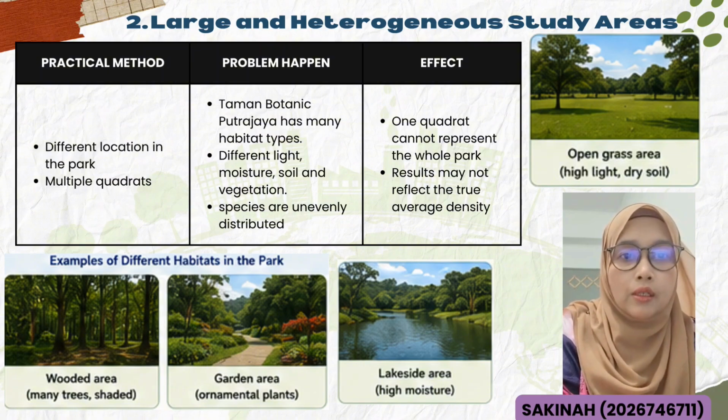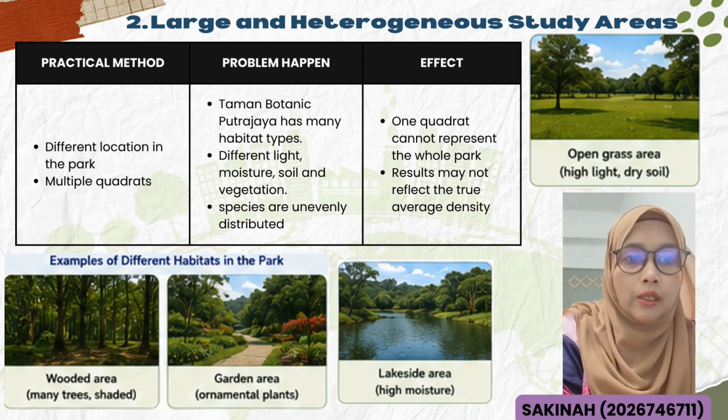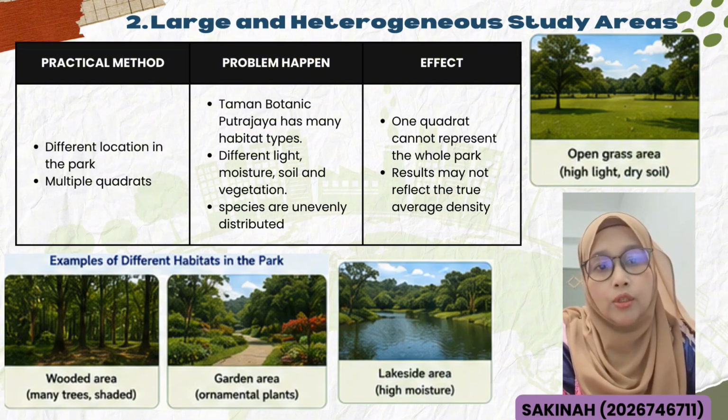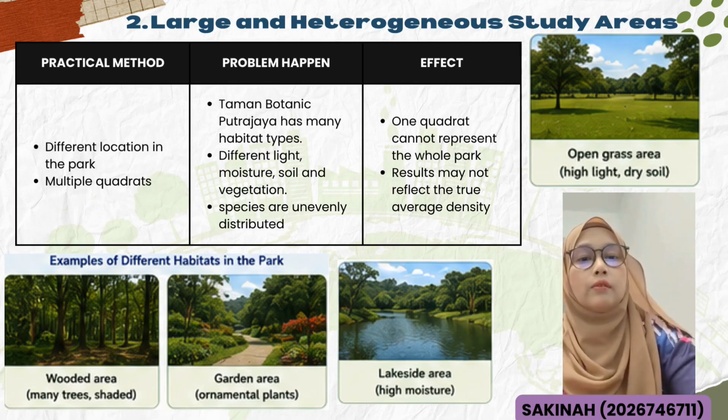These habitats have different environmental conditions, including sunlight, soil moisture, and vegetation. As a result, plant species are not distributed evenly. Therefore, one quadrat cannot represent the entire study area, and multiple quadrats are needed to obtain a more accurate result.